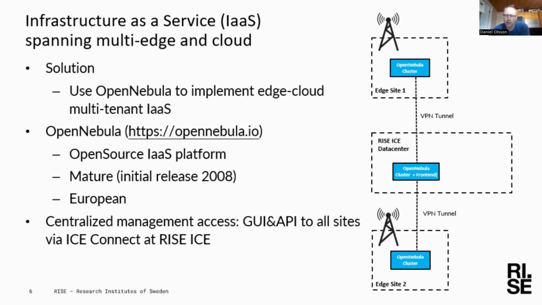We have then connected different clusters to this front end. So for instance, at the ICE data center and also at different edge sites. And as you probably know, the front end needs direct access to the edge nodes, the hardware. And this is why we have set up VPN tunnels from the edge sites to the front end at ICE data center.